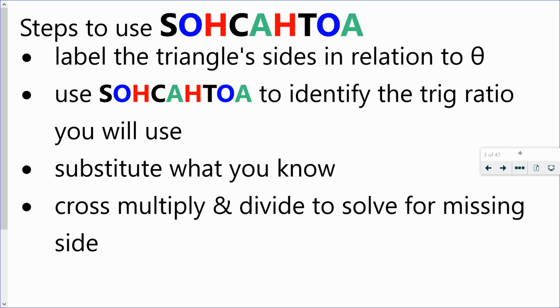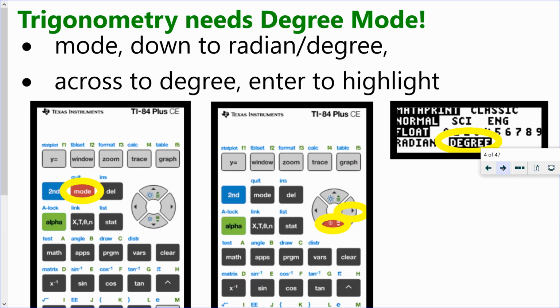Once you know your ratio, you just substitute in what you know. You can make any number a fraction by putting it over 1, and then we just cross multiply and divide, and away we go. So we already talked about getting into degree mode. That is in your notes, just in case you forget. Every time you reset your calculator, it goes back to radian mode, so always a good idea to check that.